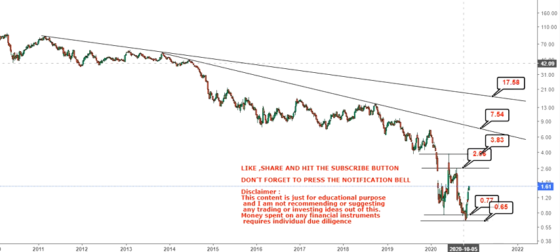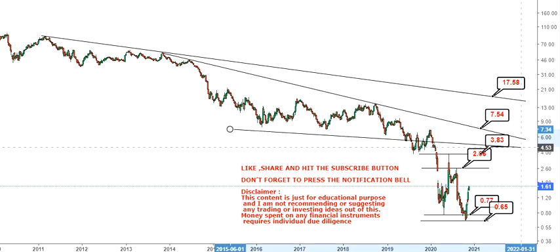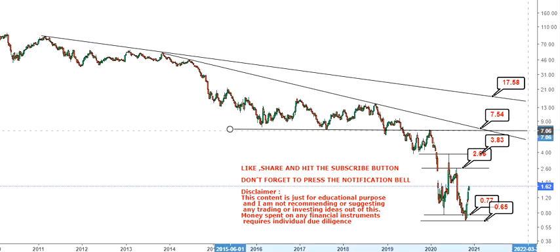But all these levels are conditional, so let the stock move one step after another. What you need to do is trail your stop losses along with the trend. Now there is another way to look at it.